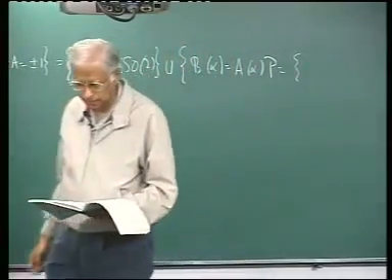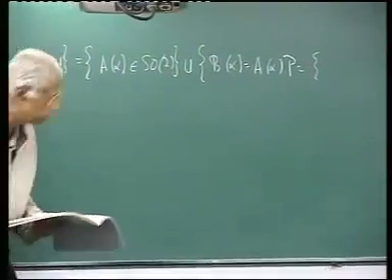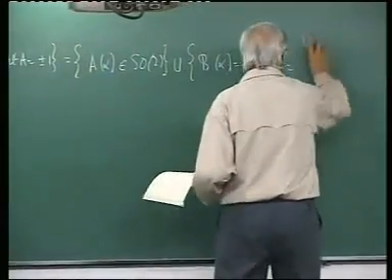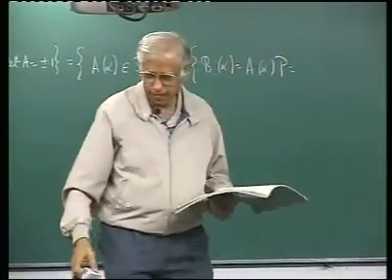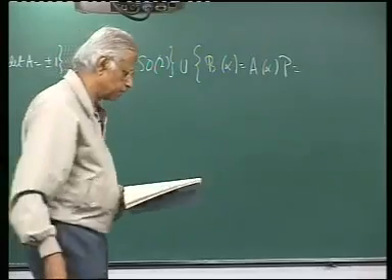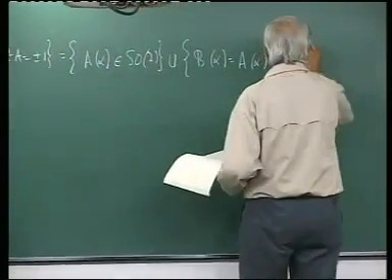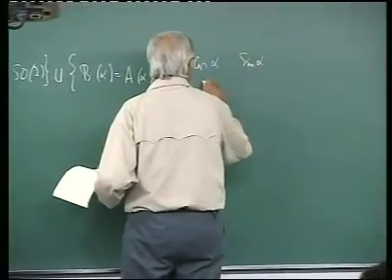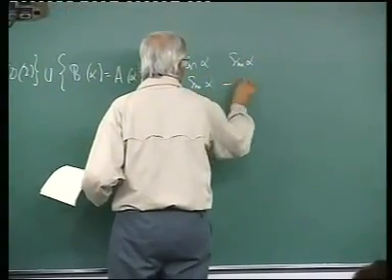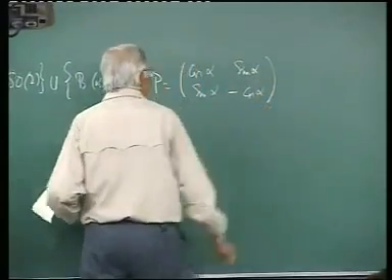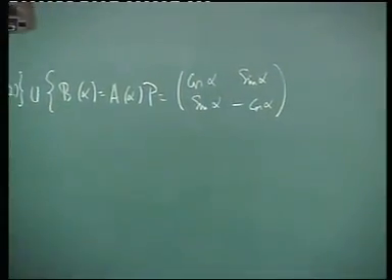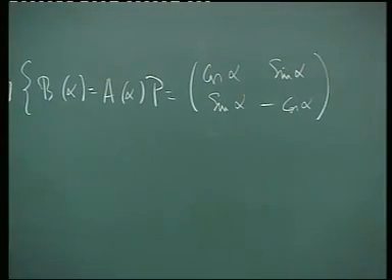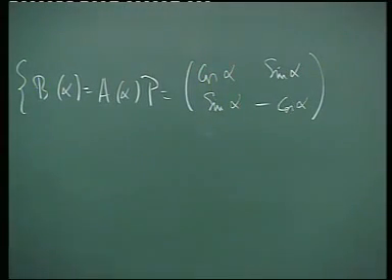I will explain everything as we go along. You should convince yourself, it is elementary matrix algebra. A 2 by 2 orthogonal matrix with determinant -1 can always be written in this way.